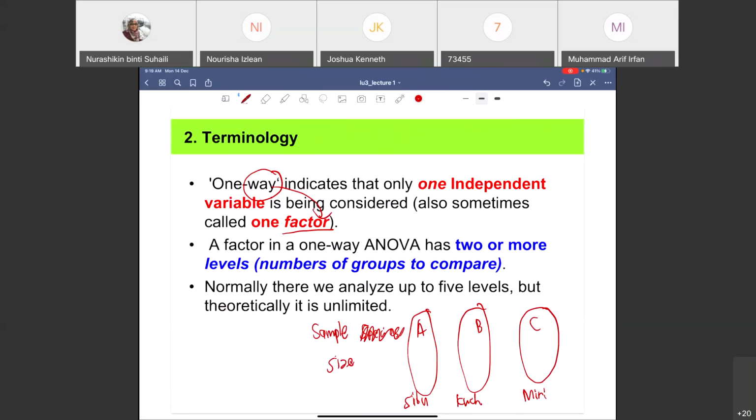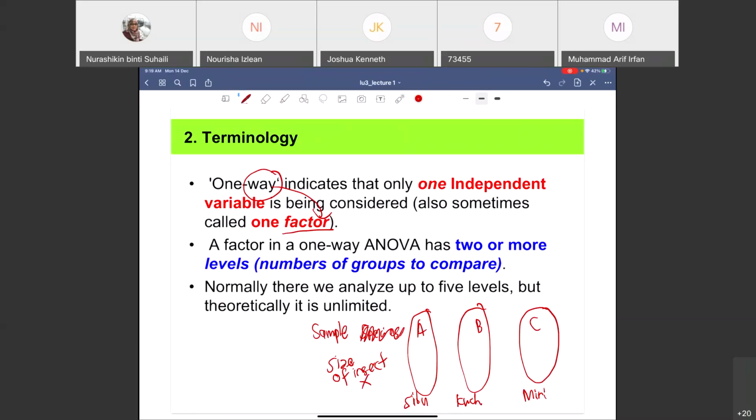Size of an insect. Insect X. I do not know the name of a specific insect. Okay, size of insect X, and you want to compare the data that you got from Cebu, from Kuching, and from Miri. So each of these represents a sample, right?